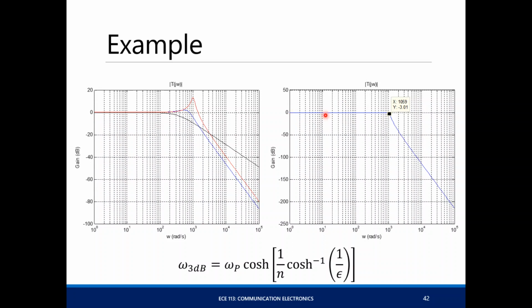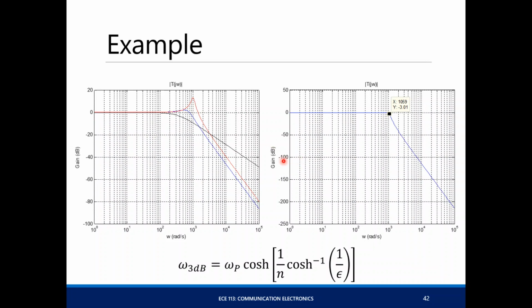You don't see the ripples since the scale of our y-axis is actually large. Okay? So after 1 decade, your attenuation is already negative 100 decibels. So it's useful actually. Just after 1 decade, it's already a large attenuation.